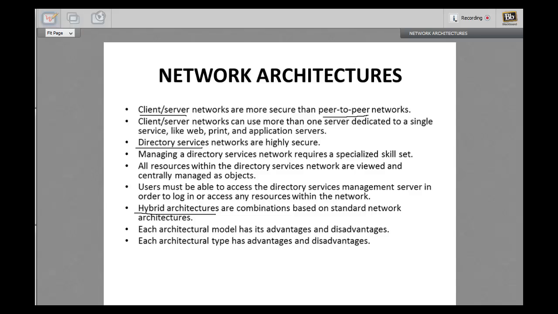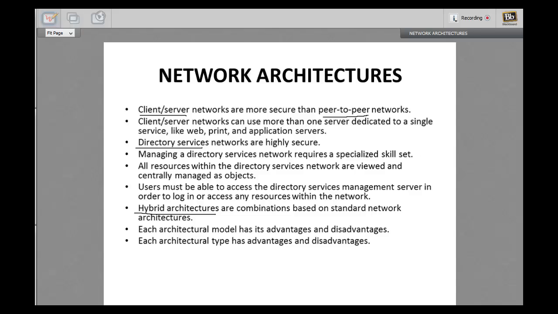In general, client-server networks can use more than one server, each dedicated to a single service, like a web server, printing server, or application server. The directory services architecture is the highest in security, because it has a separate server that manages the security and authentication of users.